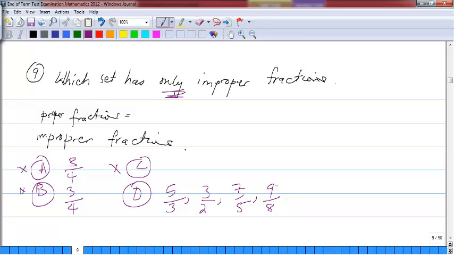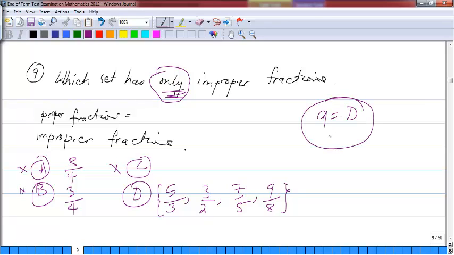Again, improper because the numerator 9 is larger than the denominator 8. So this set here in D is the set which has only improper fractions. Improper fractions are present in some of the others, but only is the word that we're looking for. So for number 9, our answer is D.